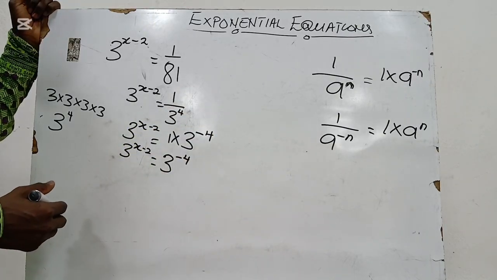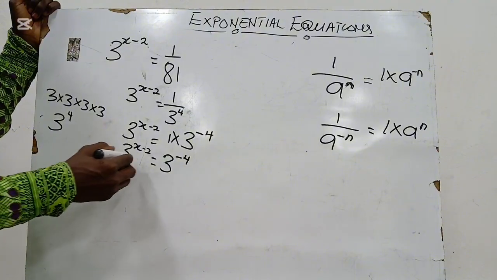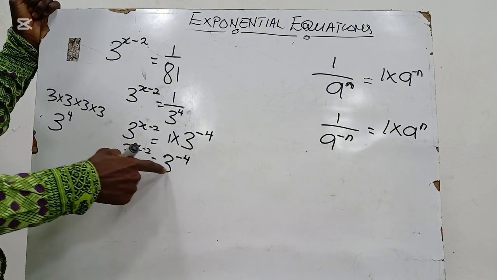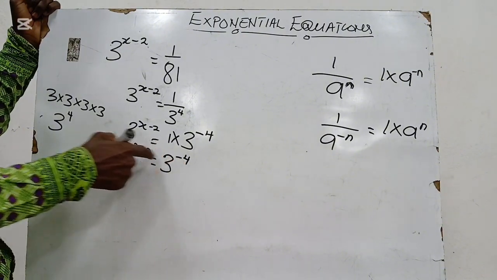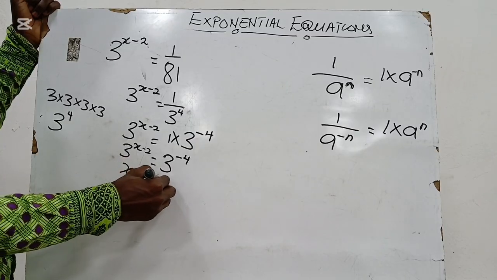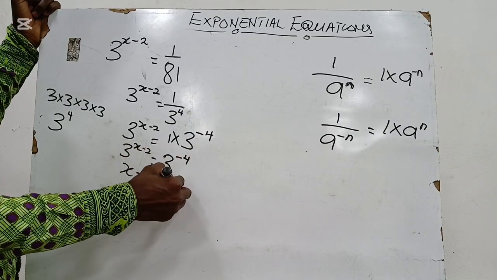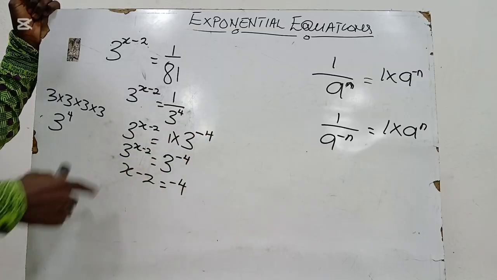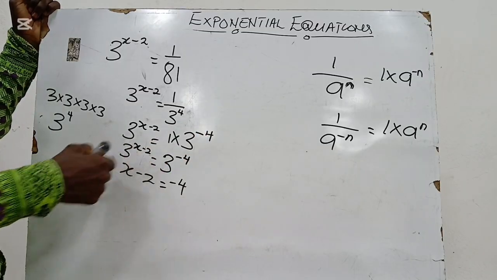Now the bases are the same, 3, right? So let us equate the powers. So x minus 2 is equal to minus 4, because the bases are the same.